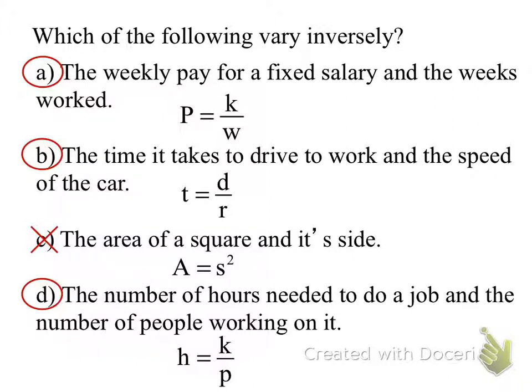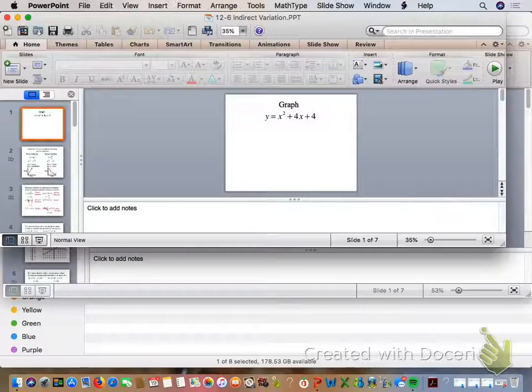If you switch it, people varies inversely to hours, it doesn't make sense. The more hours you have, the less people, it's not going to make sense. It has to be the other way. So you can't switch. That's 12.6. Okay?